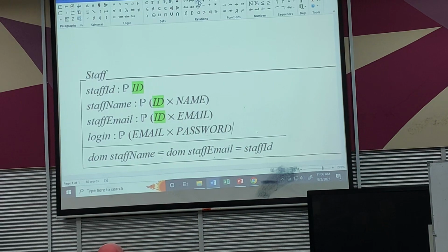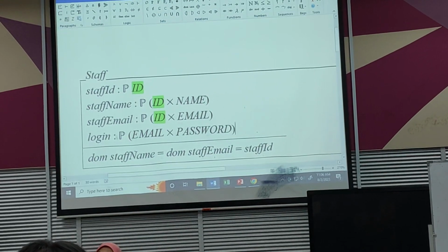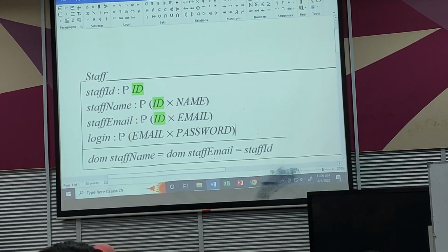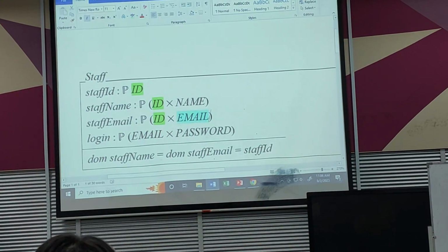Okay, let's say I have this. Assuming. But you can have different. This one is for our exercise only. So, here email, same type. Here email. Here also email.